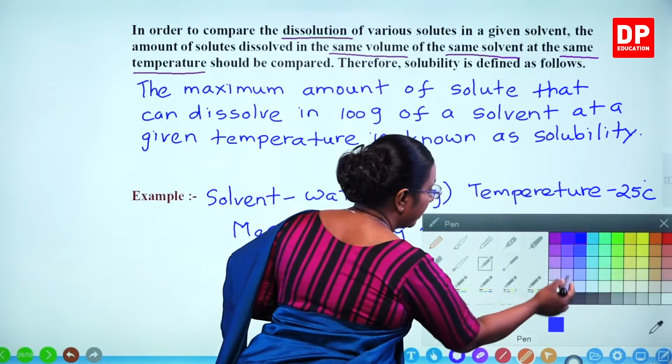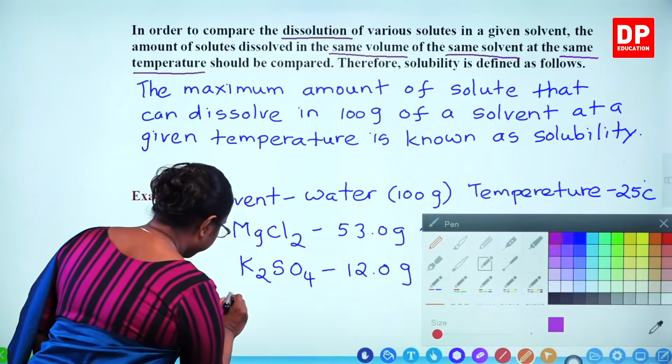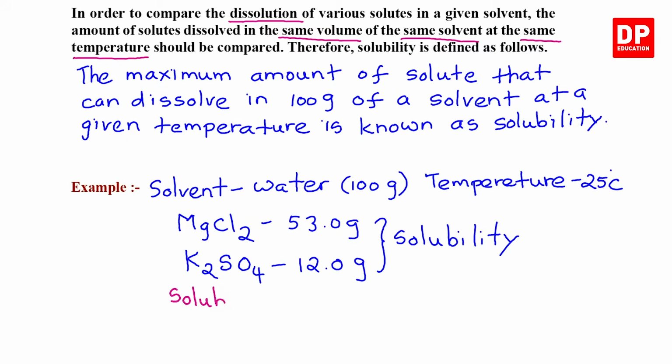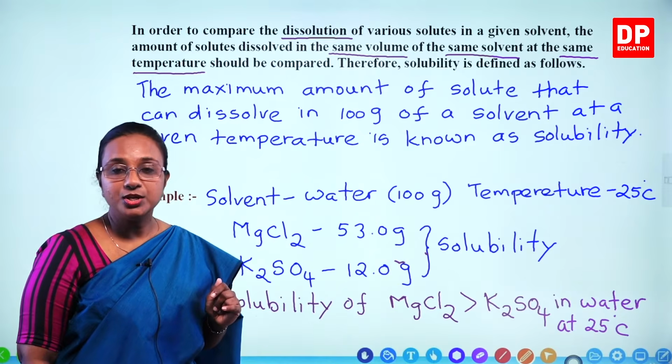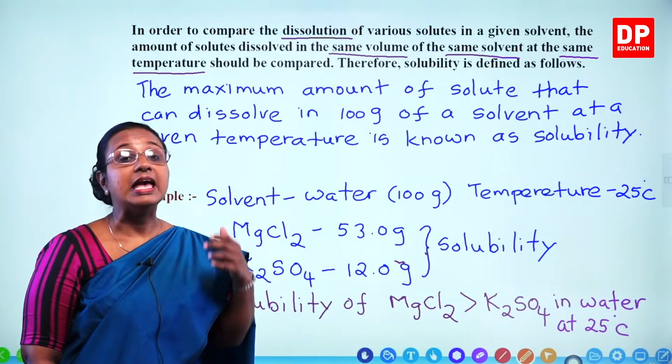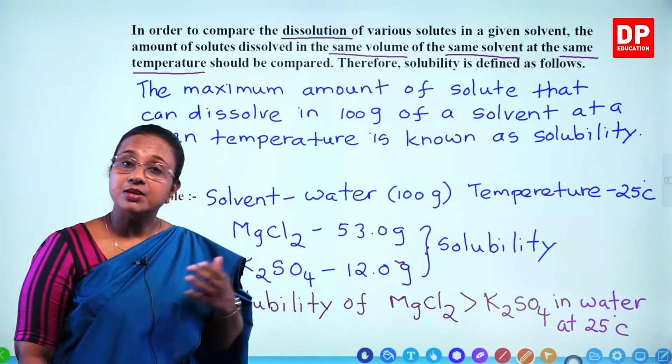If I write the value, you can say the solubility of magnesium chloride is greater than potassium sulfate in water at 25 degrees Celsius.